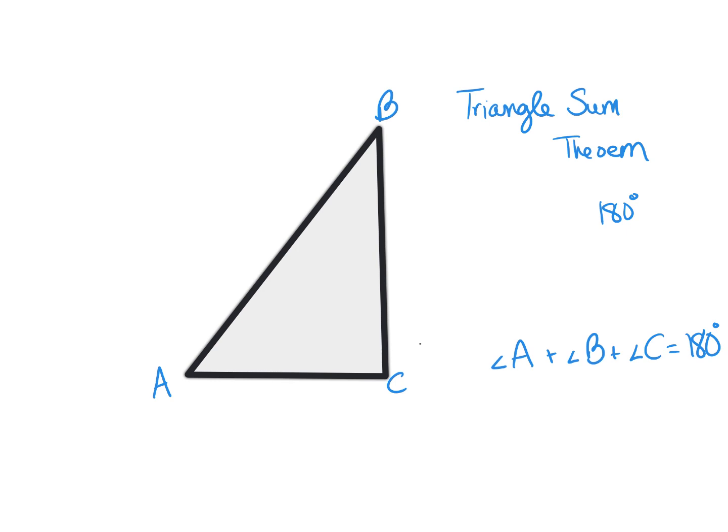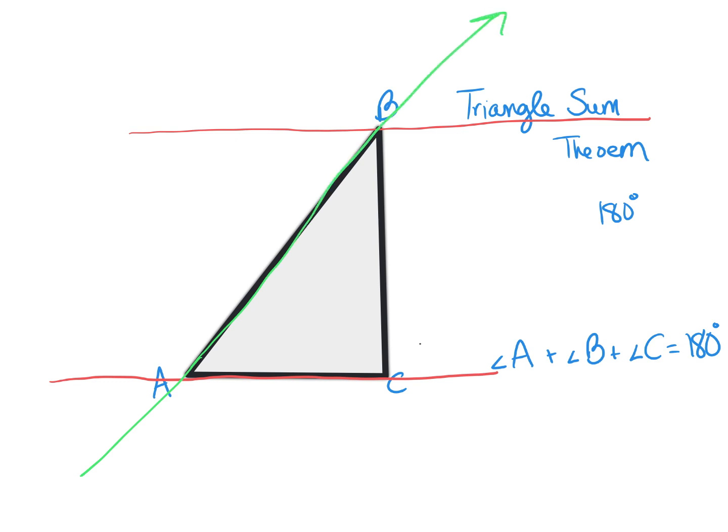So the way they proved this is that they drew a parallel line to the base of the triangle. Okay. Now we know parallel lines are equidistant, and we've previously learned that when we draw a transversal through 2 parallel lines, there are special relationships between different angles when the lines are parallel.